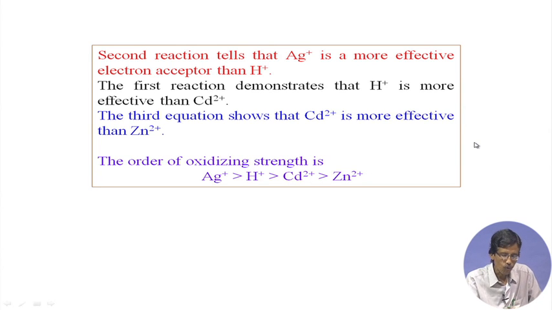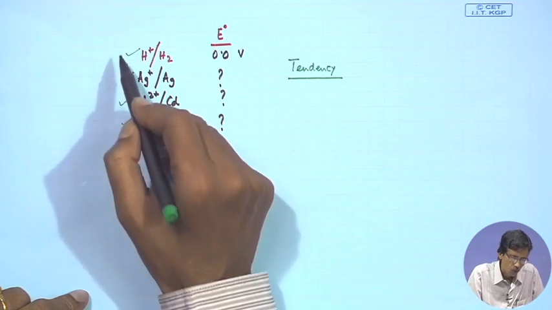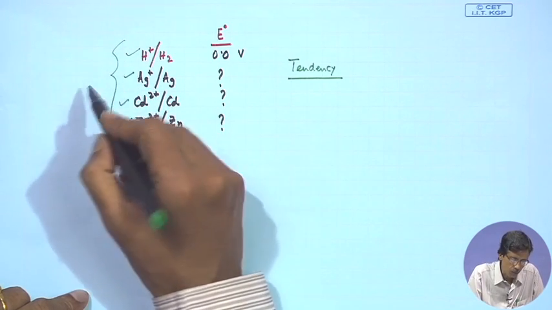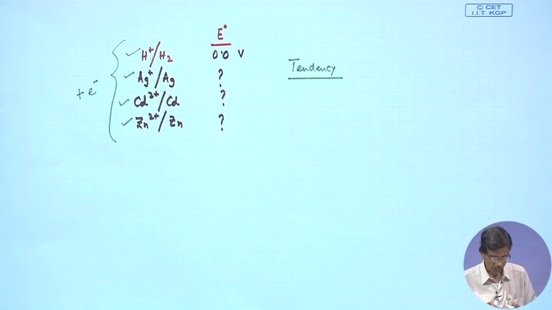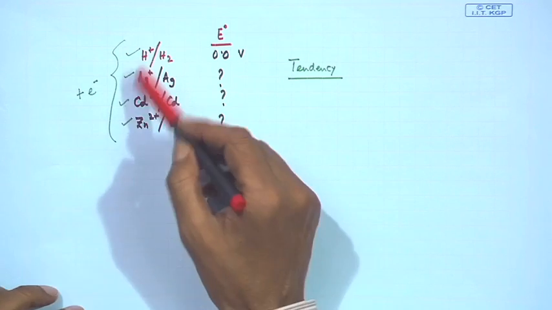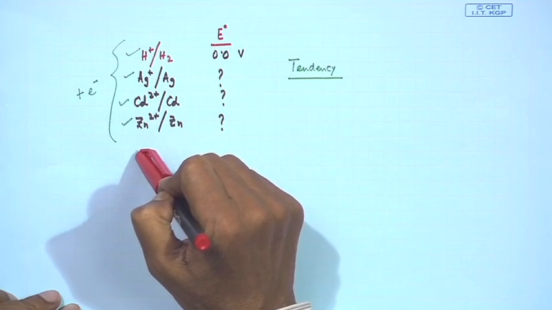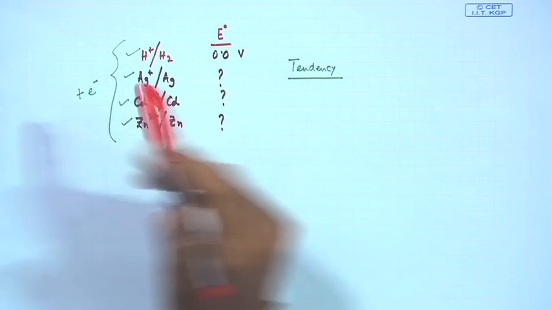So, if we go for all these species, we are talking about their corresponding acceptance of electron, that means E minus they are accepting, that means their oxidizing strength, that is how we get the corresponding E0 values.